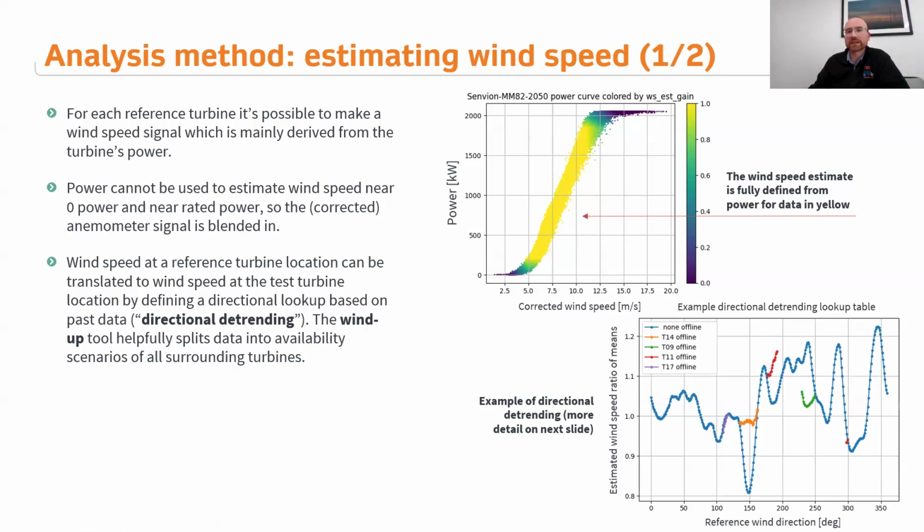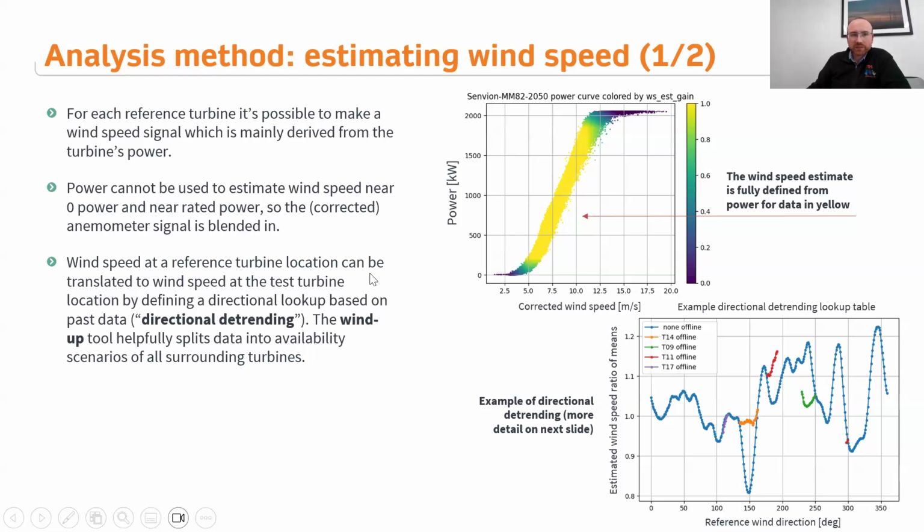And in between, we blend the two. So where it's green on this plot, we're blending the power-based estimate and the wind speed-based estimate. So this all gets blended together into one wind speed estimate, which is used in all upstream analysis.